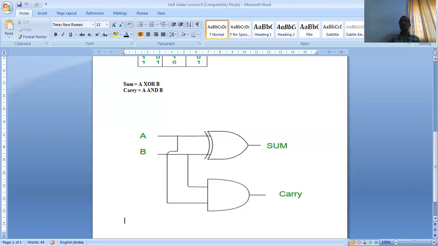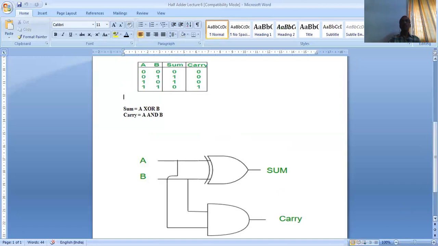Okay, let us see the working of the half adder. Then you must know the working of AND gate. You must remember the AND gate is used for logic multiplication.